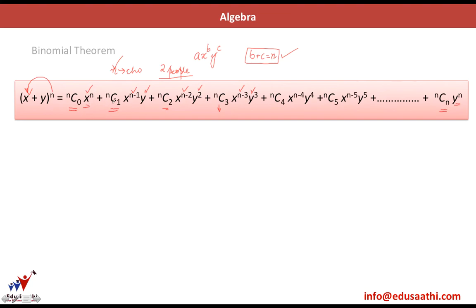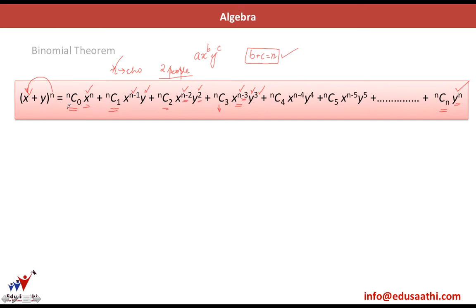So x now has n minus 1, y has 1. Take one more from x, give it to y, minus 2 and plus 2. Take one more from x and give it to y. So y will now have 3 and x will have n minus 3. If you keep on doing so till all the chocolates of x have been given to y, y will have n chocolates and x will have none.